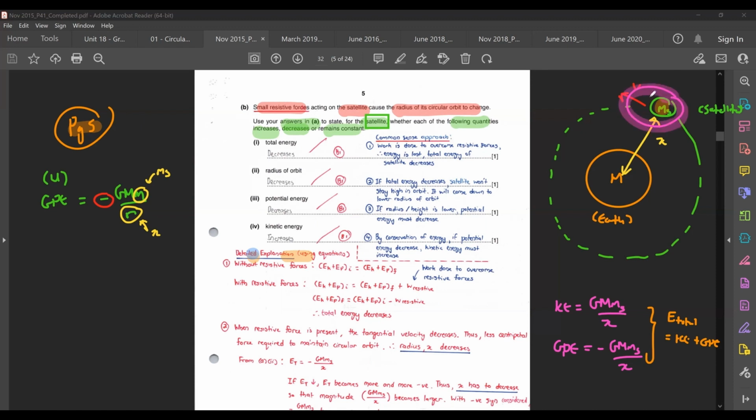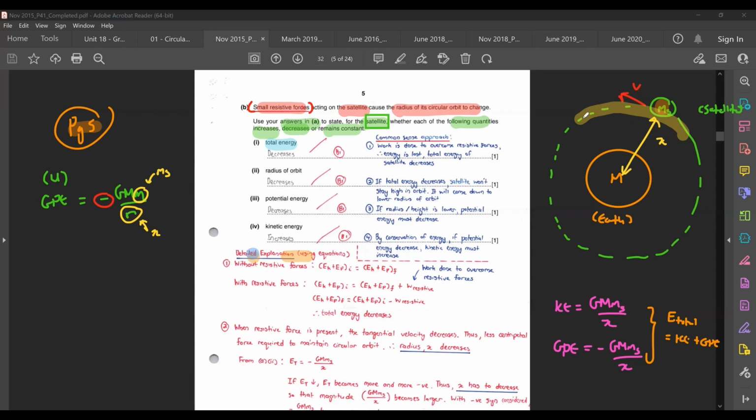Okay, the energy of a satellite. If you're talking about the total energy of the satellite, because they already told you that there are resistive forces acting on the satellite, what you can imagine is that as your satellite tries to move in a circle like this, in this direction, it encounters resistive forces that oppose its motion.